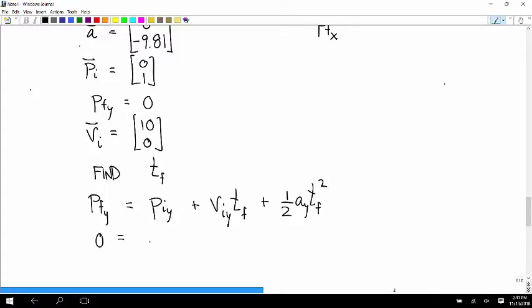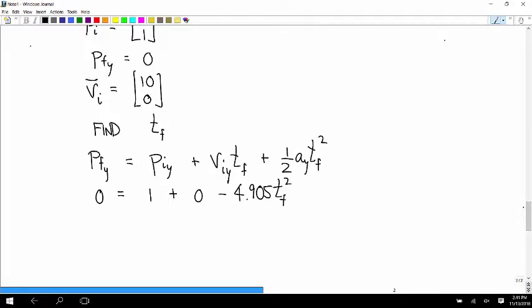So 0 is equal to 1 plus 0 minus 4.905 TF squared. And if you solve for TF, you get plus or minus 0.451 or 2. I think it's 0.452. We always use positive times, so we're going to choose the positive one.